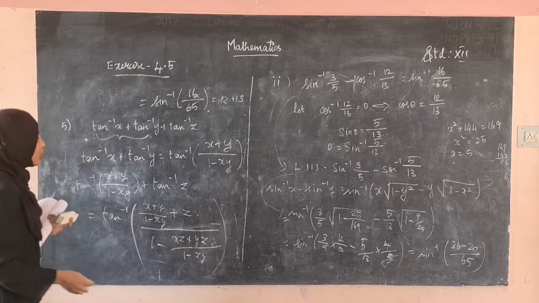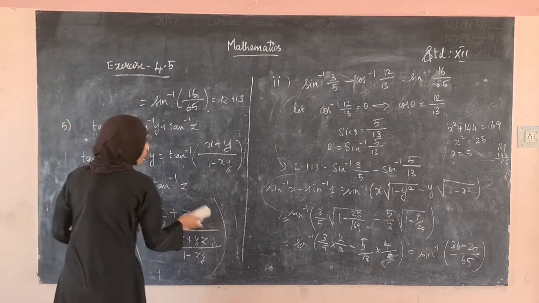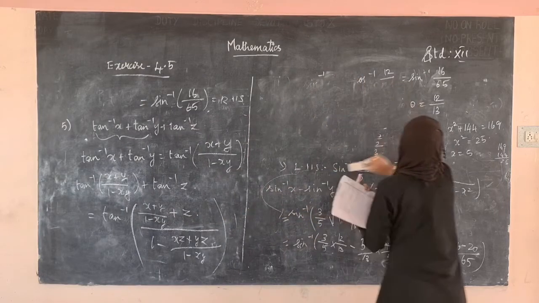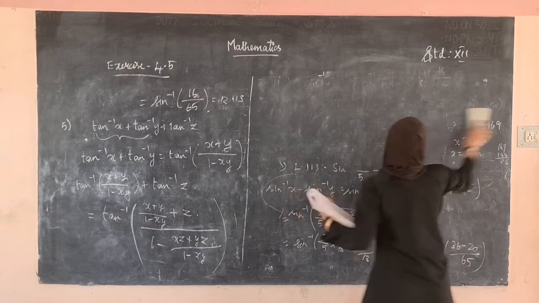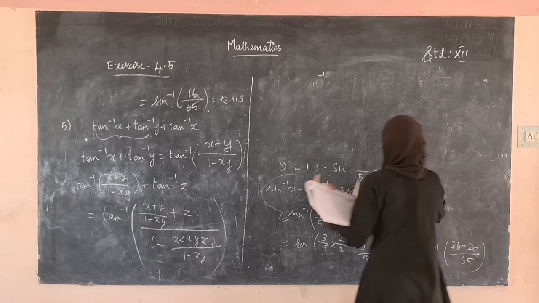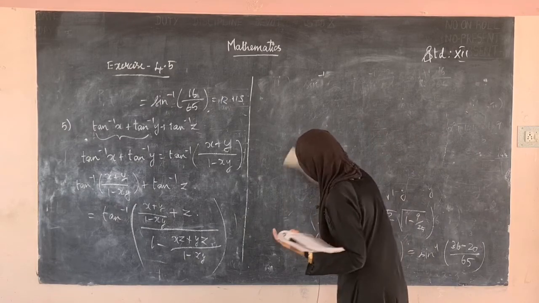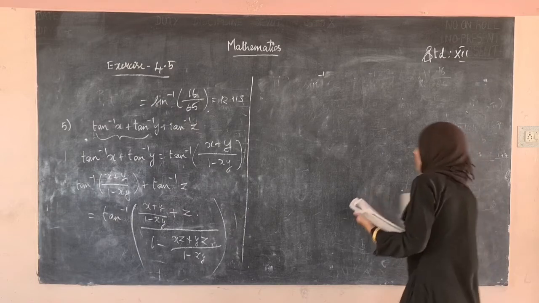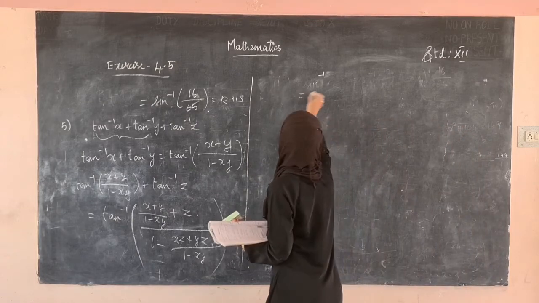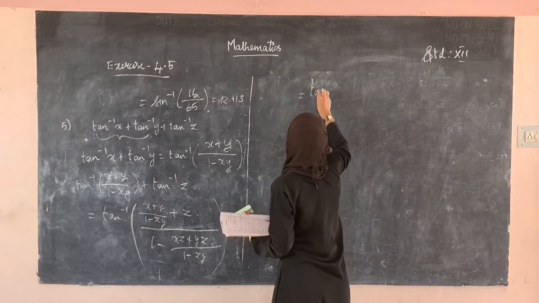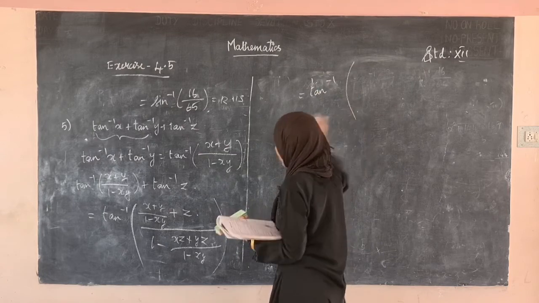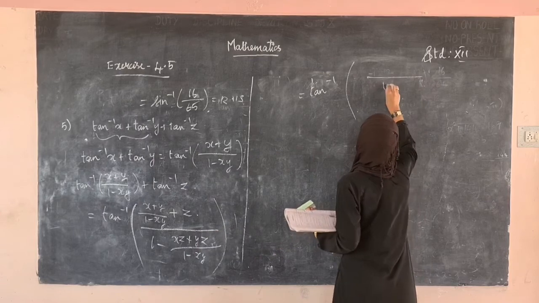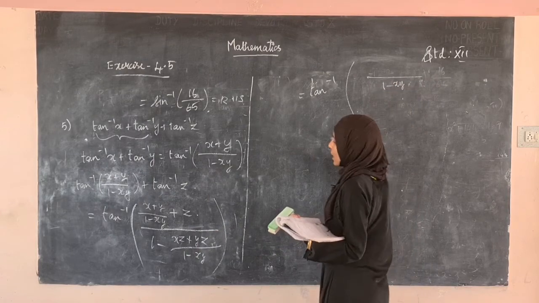Now what we have to do? We have to take LCM on both numerator and denominator. Shall we proceed? See here what it becomes. Tan inverse of, taking LCM, 1 minus xy is the LCM.